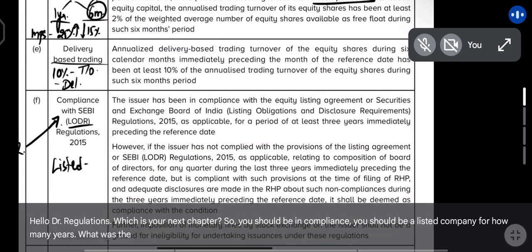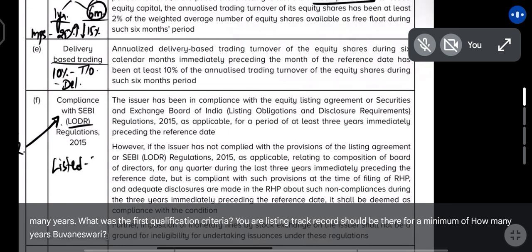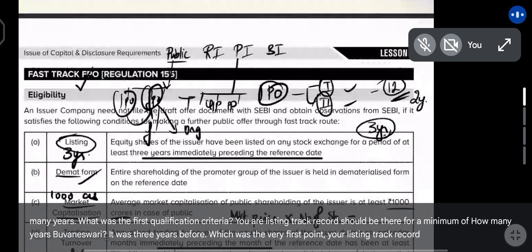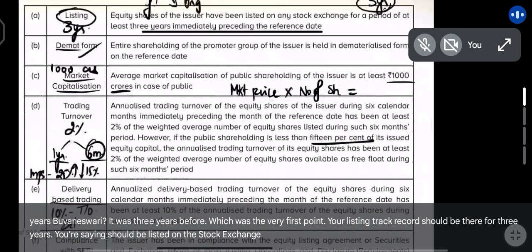What was the first qualification criteria? Your listing track record should be there for a minimum of how many years, Bhuvaneshwari? It was 3 years before, which was the very first point. Your listing track record should be there for 3 years. Your share should be listed on the stock exchange for 3 years.